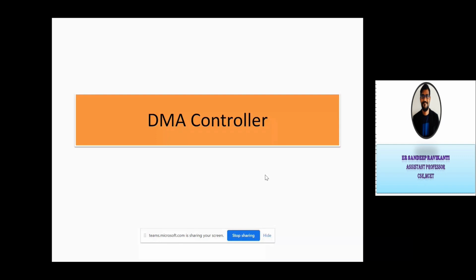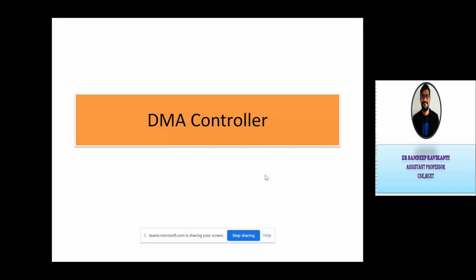Hence, when the system has a DMA controller, it frees the CPU from the data transfer operation, and at that time the CPU can execute other operations. This is the reason we require an extra circuit called the DMA controller, so that the processor can do other activity while the DMA controller is performing the data transmission. This is the main usage of the DMA controller.